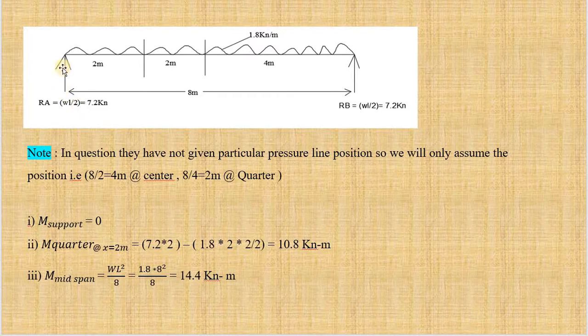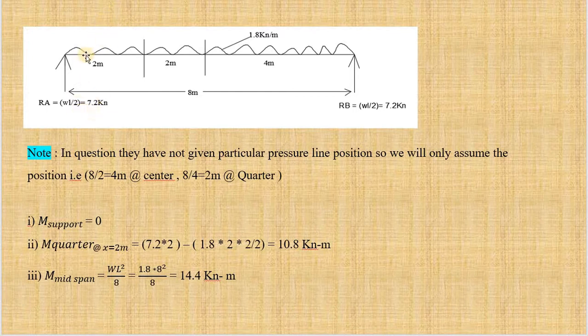So the support reaction is 7.2 kilonewton. How did I get that? It is 1.8, that is the load, into L, the total length, whole divided by 2, which gives 7.2 kilonewton. With reference to this point, it is rotating in a clockwise direction.